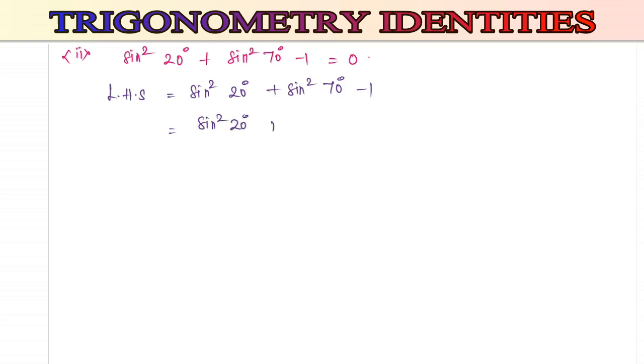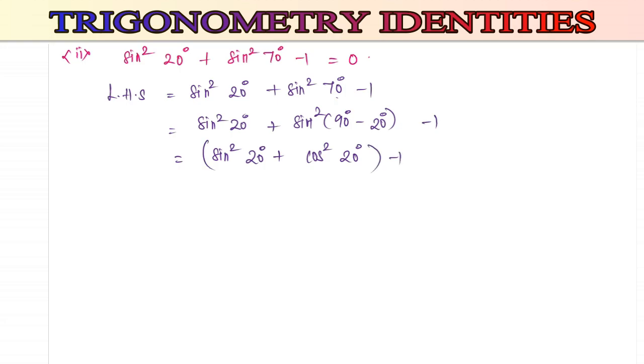The second term I am going to change as sin square of 90 minus 20, that is 70 degree, minus 1, because they are complementary angles. 20 plus 70 is 90 degree. So we get sin square 20 degree plus sin square of 90 minus 20 degree, which is cos square 20 degree, minus 1.